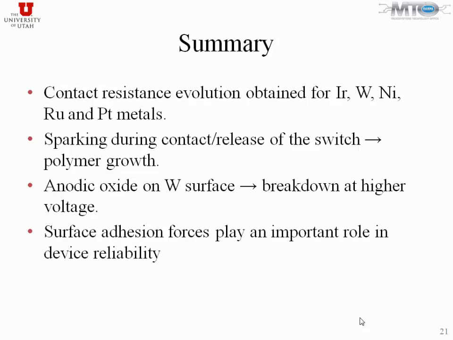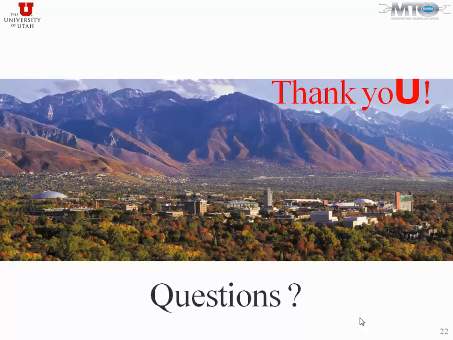And I looked at surface adhesion forces in some materials and thought about how surface adhesion force can cause problems, both in terms of hysteresis as well as attracting particulates near the contact. So with that, I'm done.